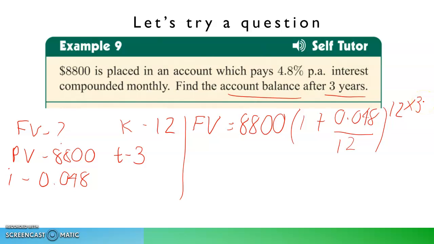So if you put this into your calculator, you're going to see that the future value is $10,160.06. Make sure you put your dollar sign on there. It's just a little bit different, but it's just determining what that K value is based upon how many times the interest is compounded per year.